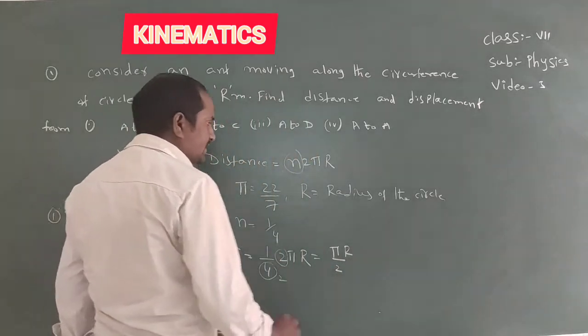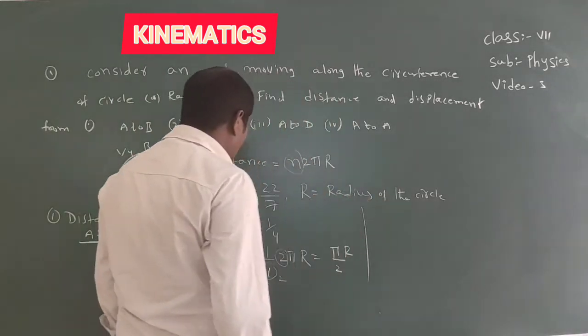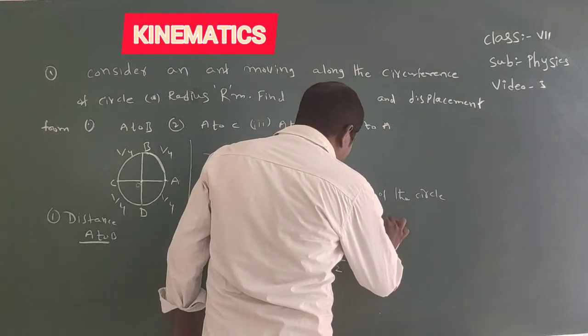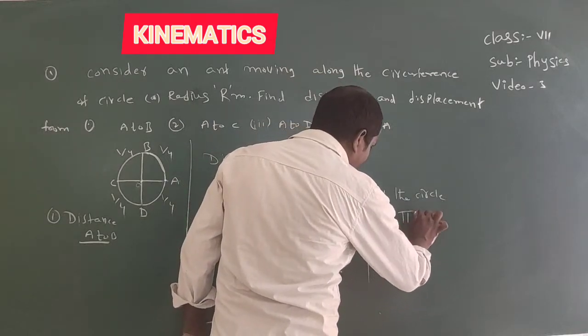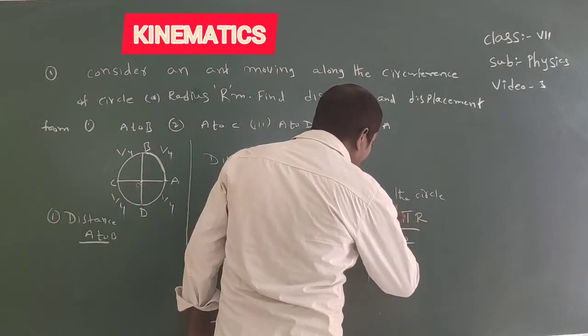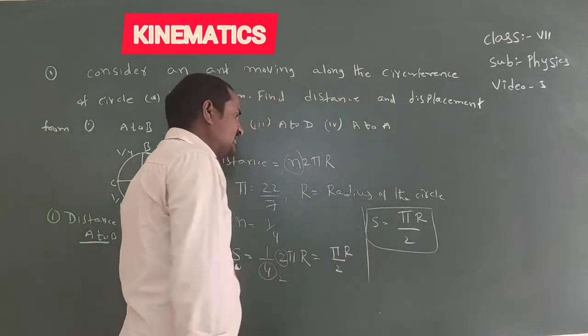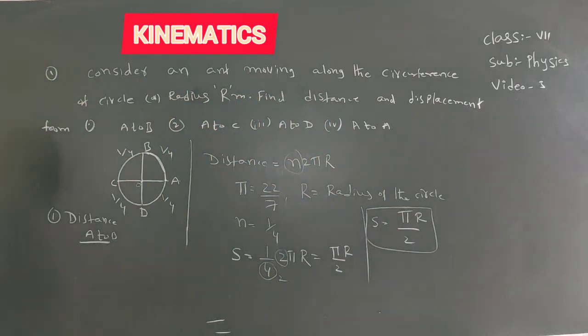If a body is moving in a circular path 1 by 4 rounds, then distance equals pi r by 2.